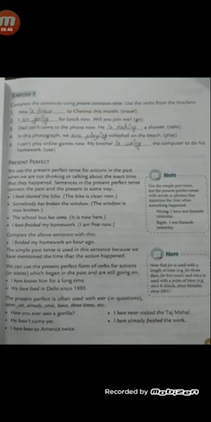Next, fifth, I can't play online games now. My brother dash the computer to do his homework. So here my brother is a singular subject.